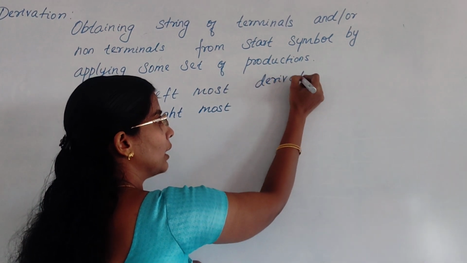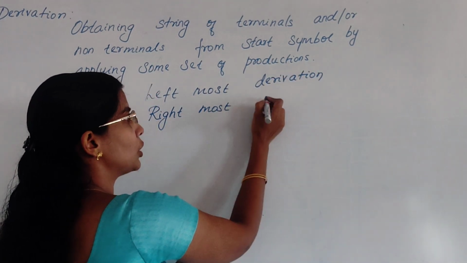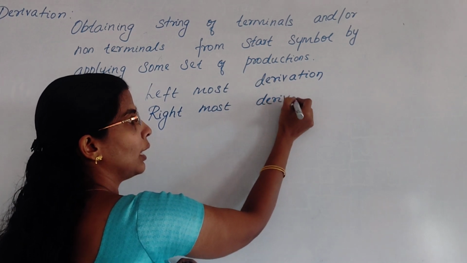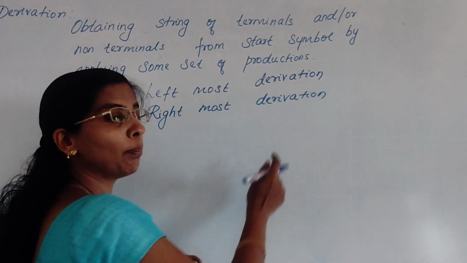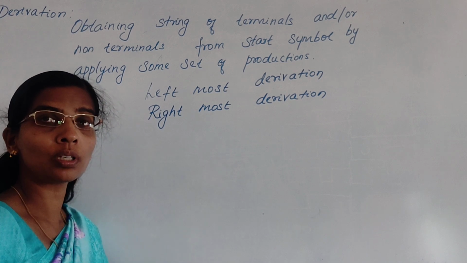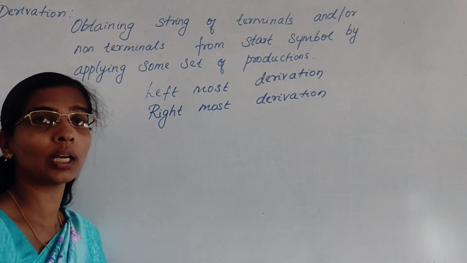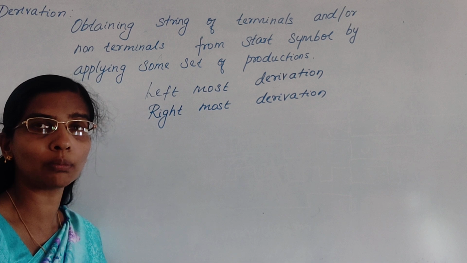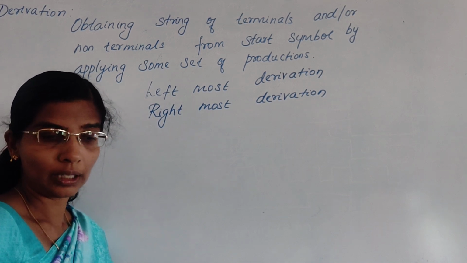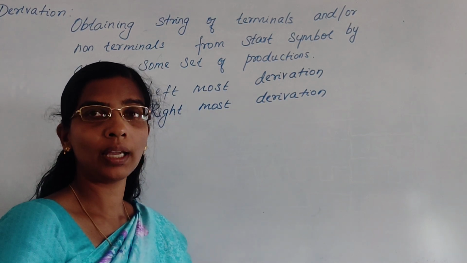In rightmost derivation, what will I do? In rightmost derivation, I replace the rightmost non-terminal. That is your leftmost derivation and rightmost derivation. We can see some examples.